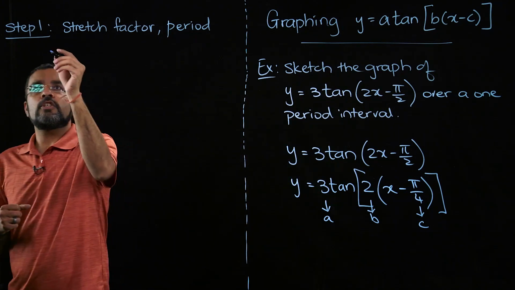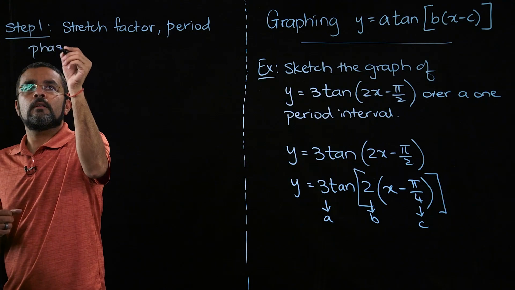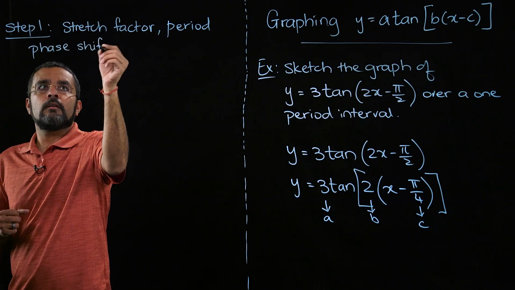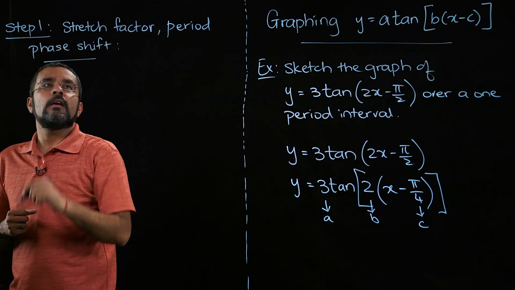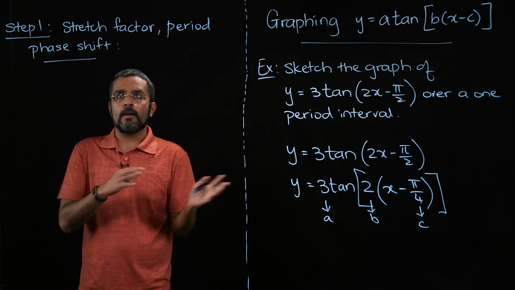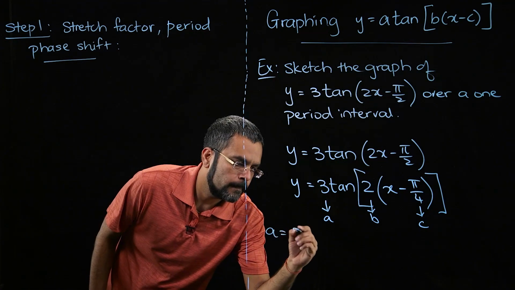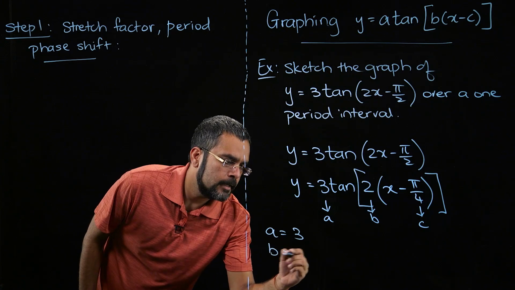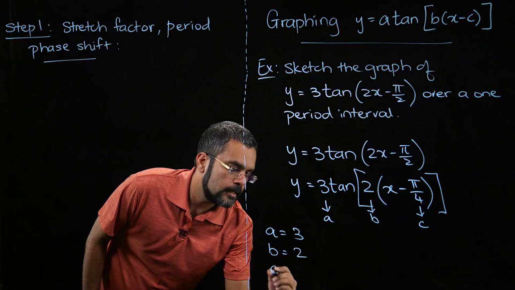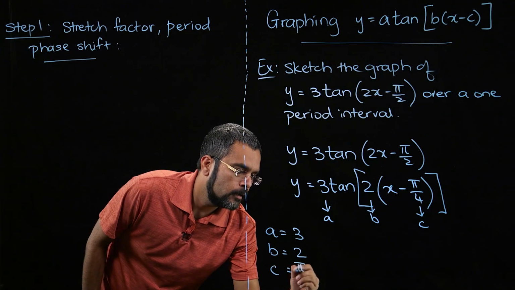And then we're looking at the phase shift, which for us is nothing but the horizontal shift in the left or right direction. So a is 3, b is 2, and then c is pi over 4.